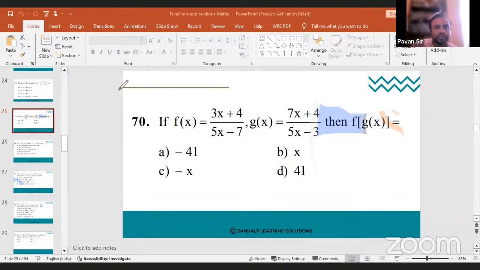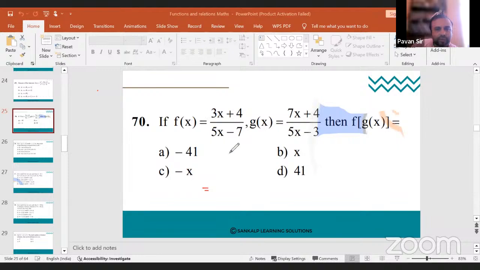It is a fast, direct question. Try to solve and give the answer. What is f of g of x? According to the question, substitute and try to get the answer.